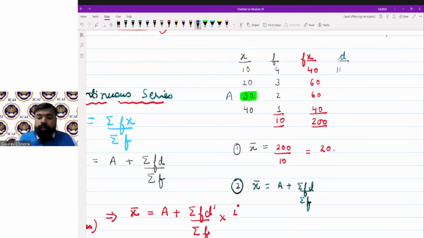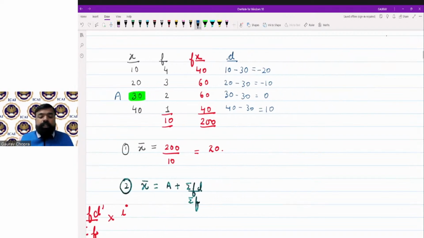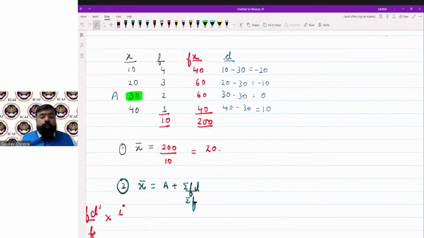Deviation is X minus A. So 10 minus 30, 20 minus 30, 30 minus 30, and 40 minus 30. So how much is coming? Minus 20, minus 10, 0, and then 10. This is D.